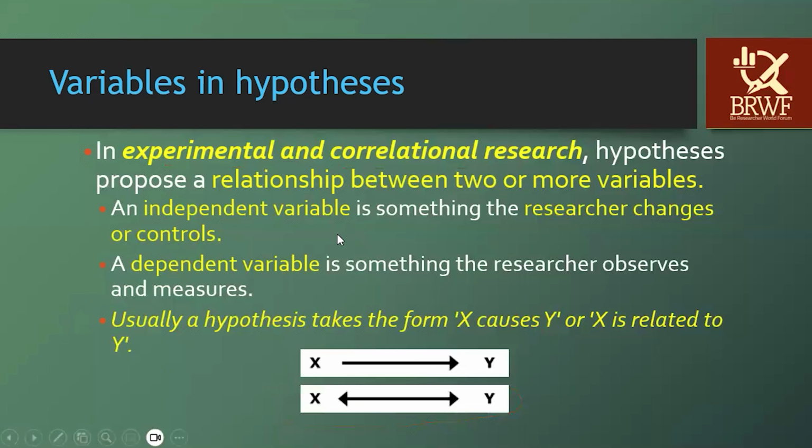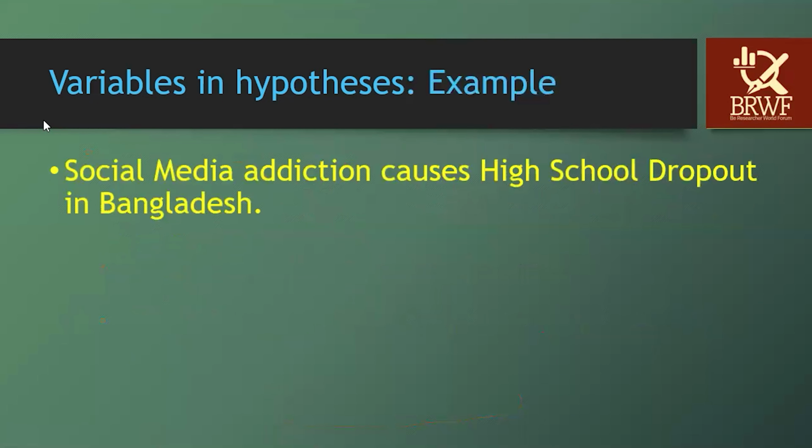So let's go for an example. Here is an example: social media addiction causes high school dropout in Bangladesh. Okay, so see, this is what we can say is a hypothesis. Am I right?